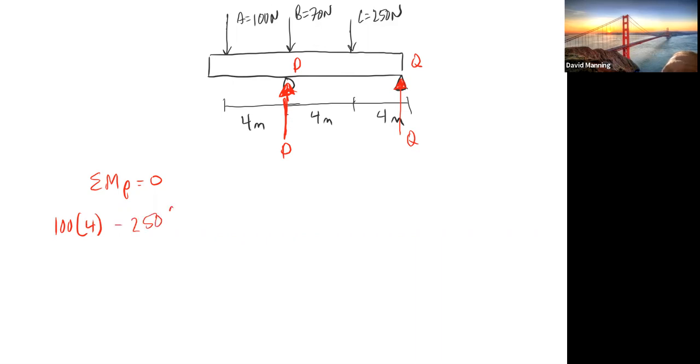Minus 250 times 4 plus Q times 8 equals 0.